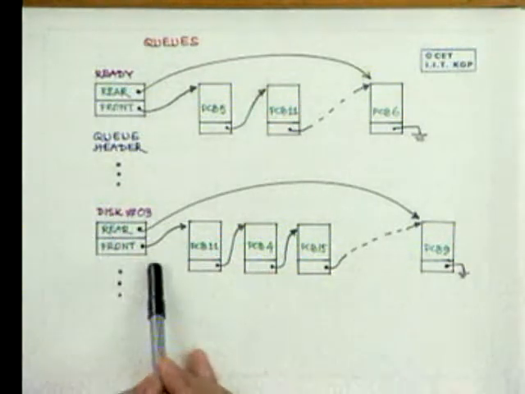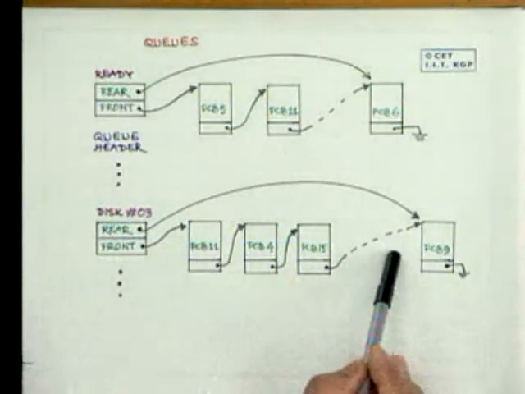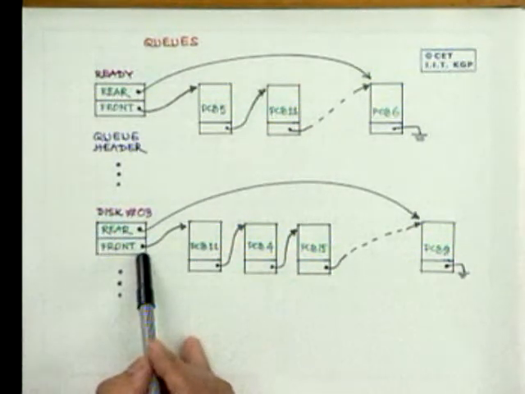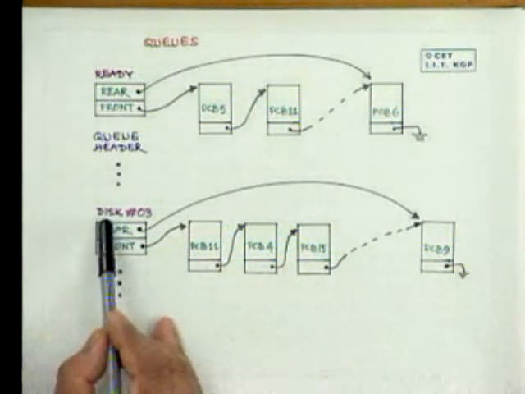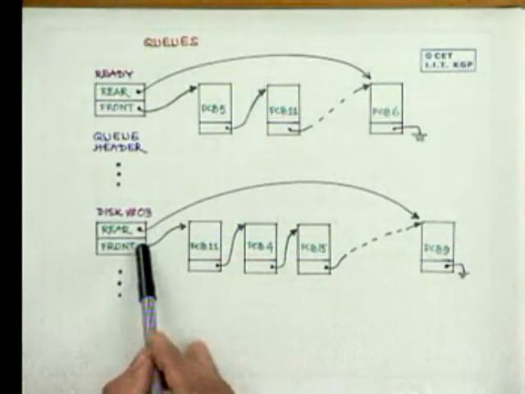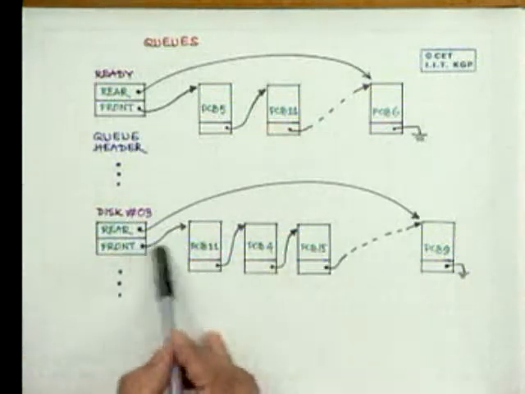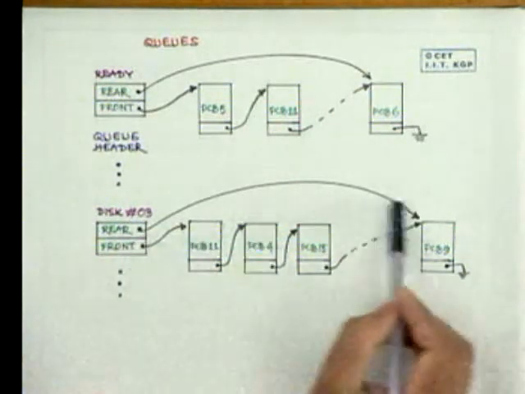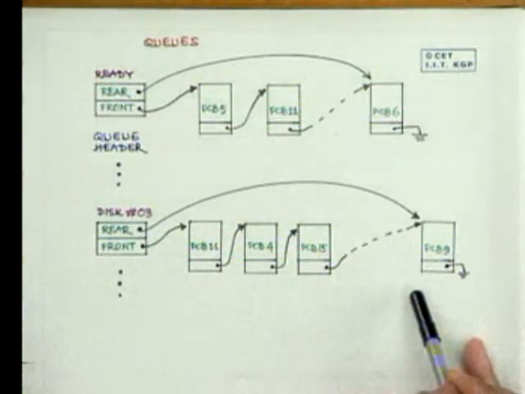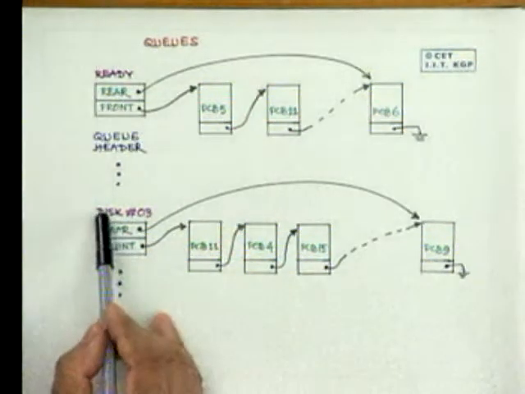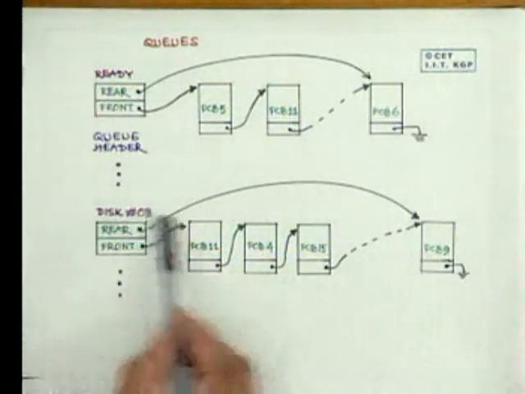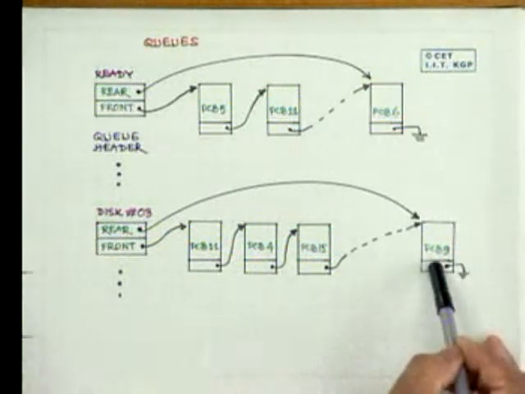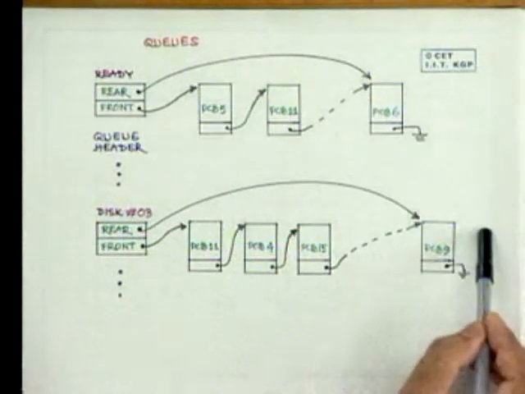Similarly, this is a linked list for an I/O wait, say for disk number 3. This is the front and this is the rear of the linked list. Any other process that gets blocked because disk 3 is busy will be immediately linked to this list.